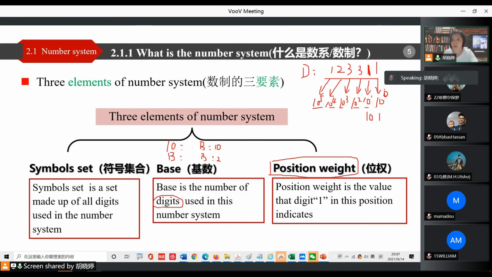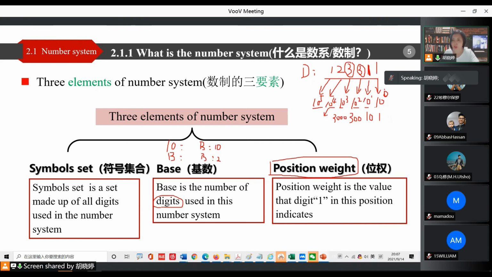For the third position, this digit is 3, but its weight is 100, so that 3 will represent 300. Digit multiplied by its weight, you will get its corresponding number. The digit 3 with weight 10 power 3 will represent 3,000.